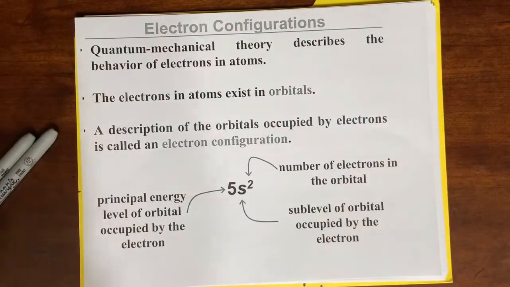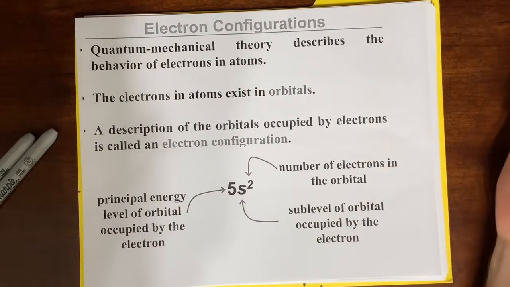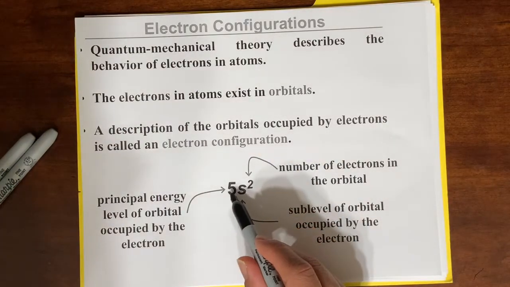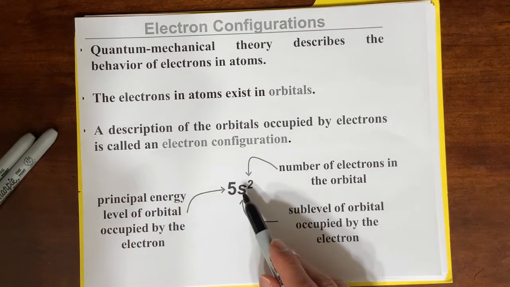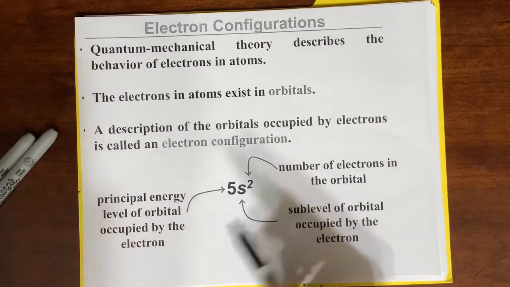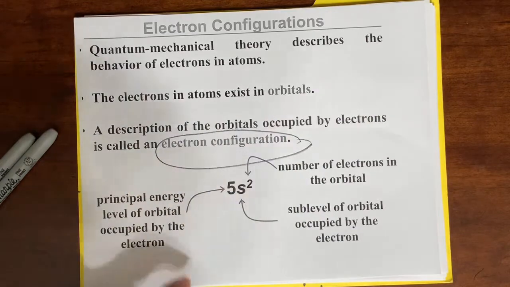Okay, so we're going to talk about electron configuration. What's the electron configuration? It's the way we distribute the electrons inside orbitals. Okay, and we will be showing it by stuff like here 5s2. 5 represents the level of energy, s the orbital, and 2 the number of electrons inside that orbital, and we call them electron configuration.